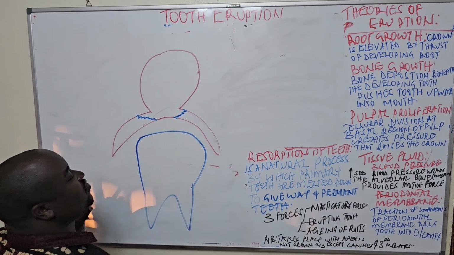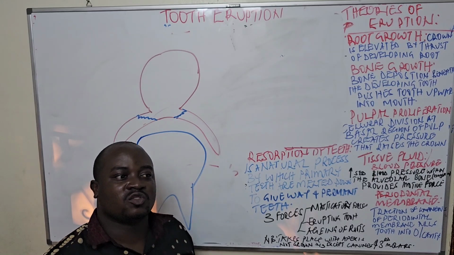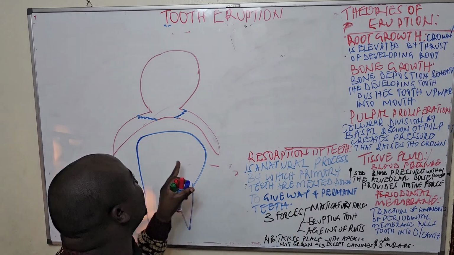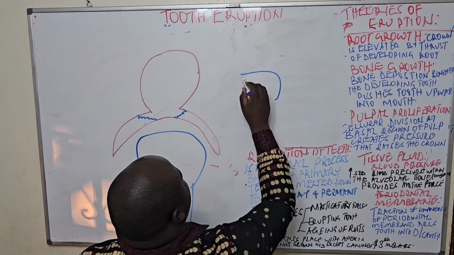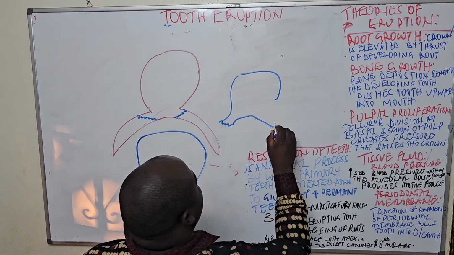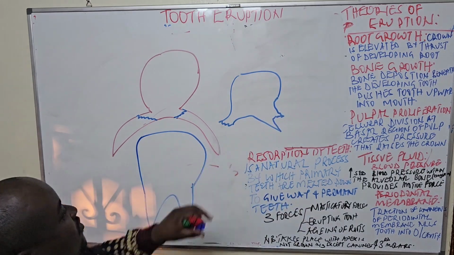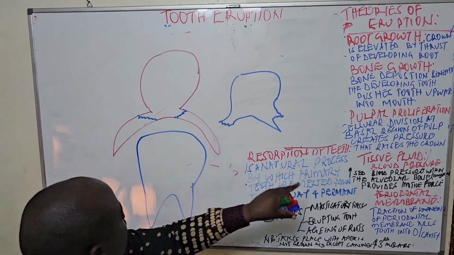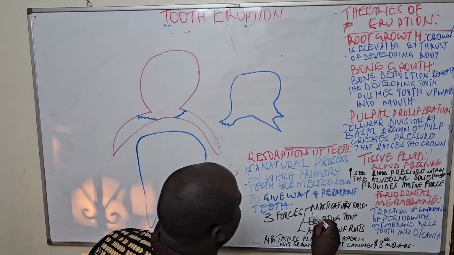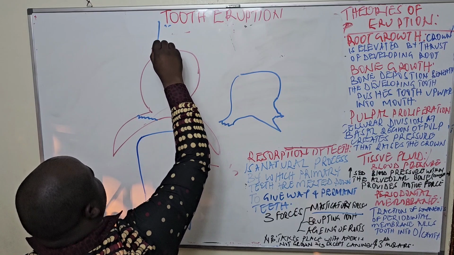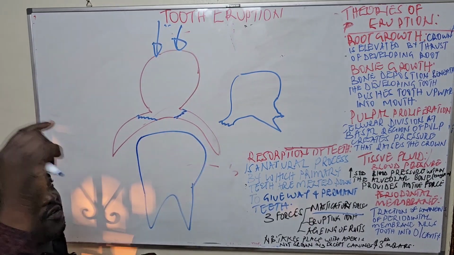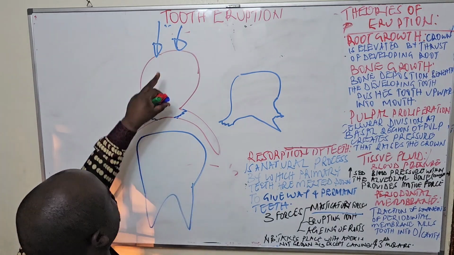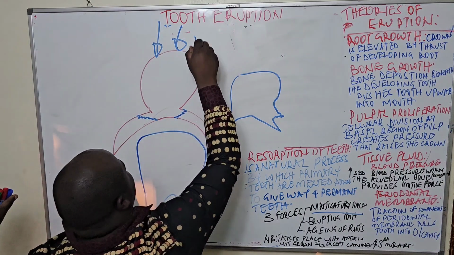If you have ever removed a primary tooth of your younger brother or your child, you shall find the roots are almost melted away, or as small as this. Why? This is because of this natural process called resorption. We say we have 3 forces. Force number 1 is masticatory force, or the force of an individual biting. As somebody keeps on biting, this is one force created, masticatory force.